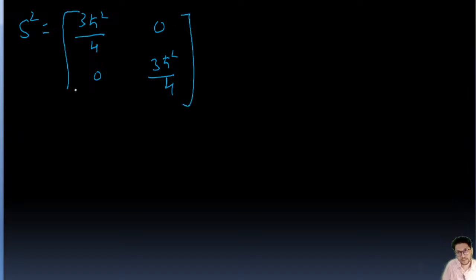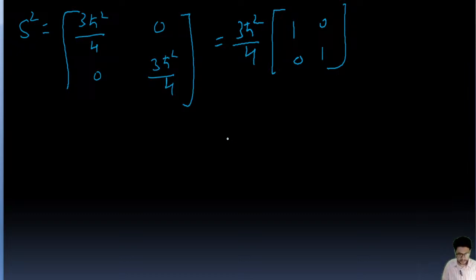Or we can take 3 H cut square upon 4 common, so this is going to be 1 0 0 1, 3 H cut by 4. Well, so this is about this.